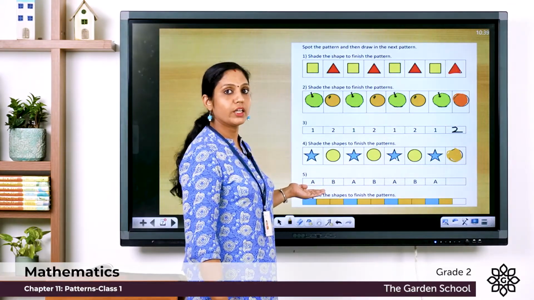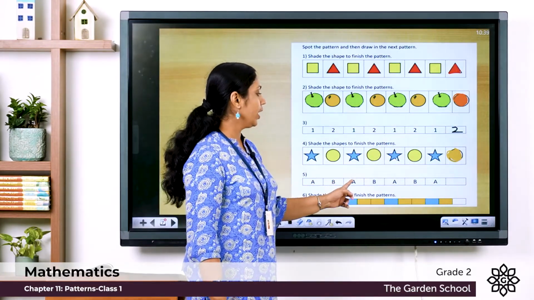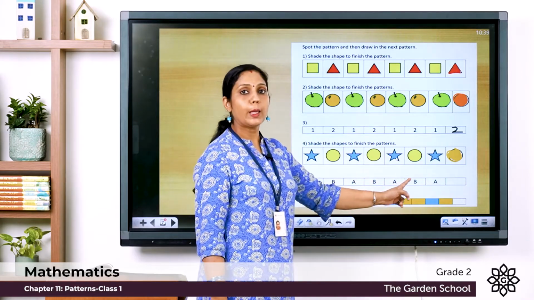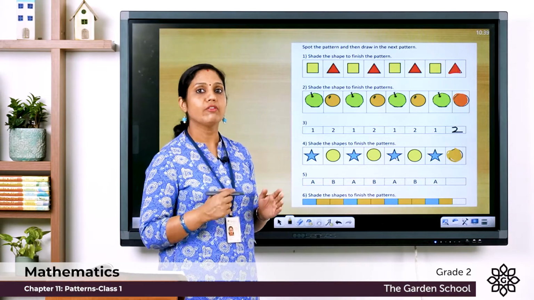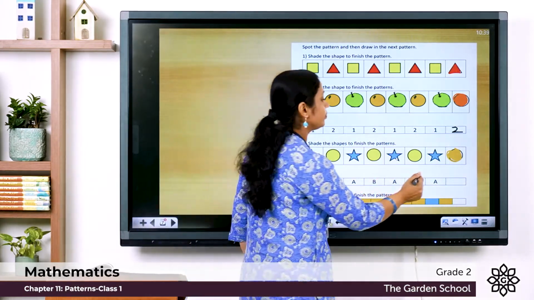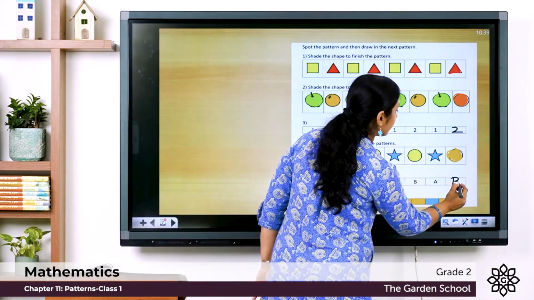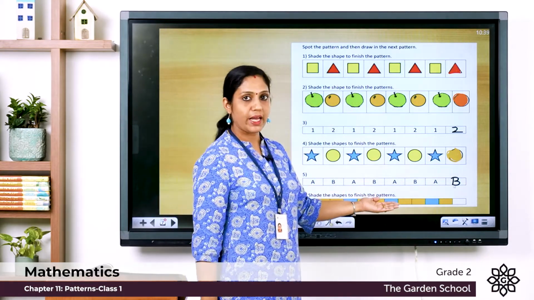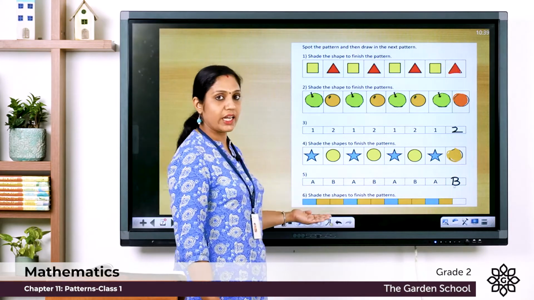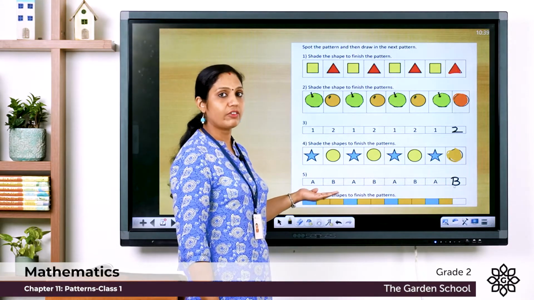At the fifth one, it goes A, B, A, B, A, B, A and the last one is missing. So which letter do we have to write there? We have to write the letter B here. And the last one, shade the shapes to finish the patterns. Here you can see rectangle shape is given and it's given in different colors.